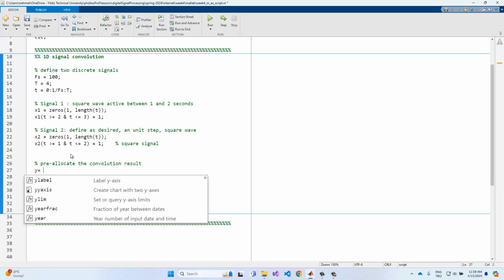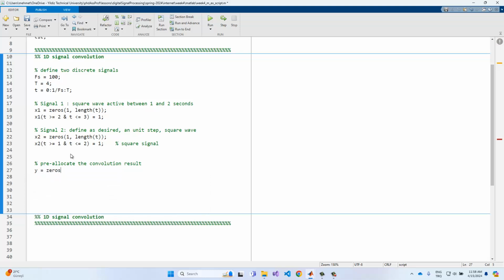Okay, y should be assigned with zeros, with the first row value equal to 1, but the convolution is the combination of these two signals, which means that we need to give length x1 plus length x2 minus 1. Okay, this is the size for y, the output signal in this discrete convolutional operation.